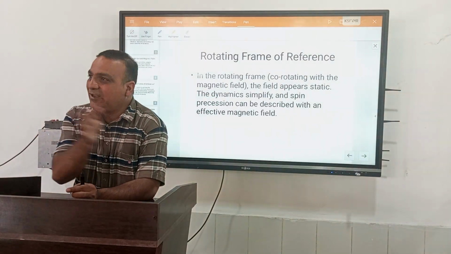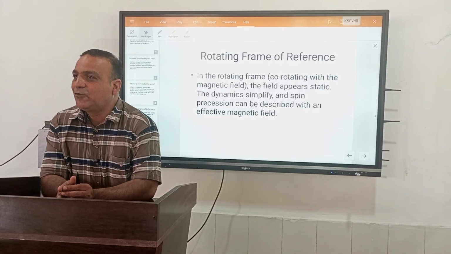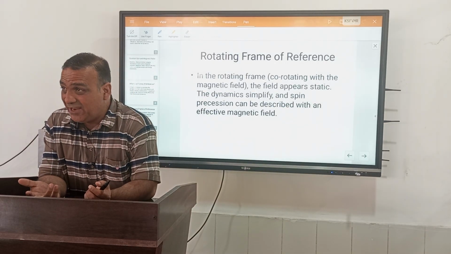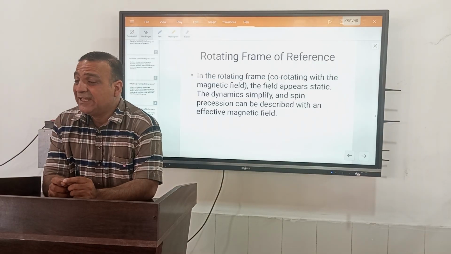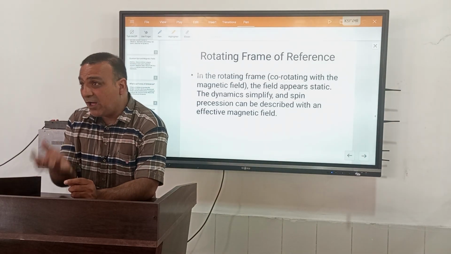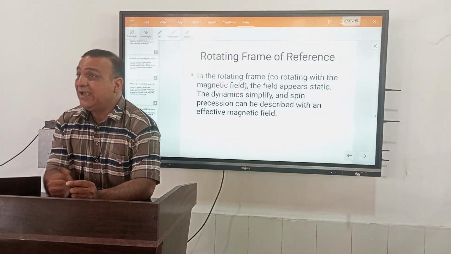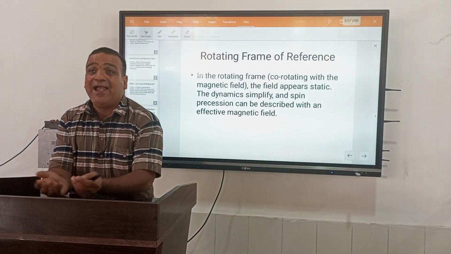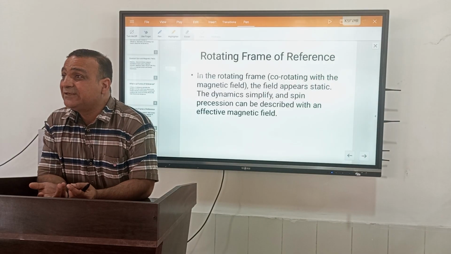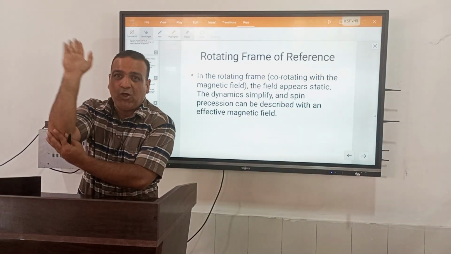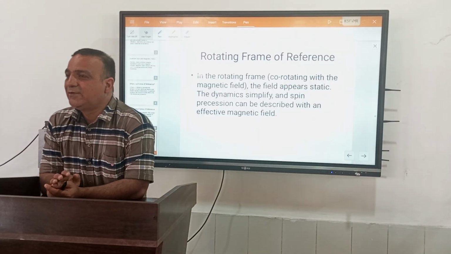Now go back to your laboratory frame of reference, where your frame of reference is not rotating. If it is not rotating, your problem is purely time dependent, and you are applying a magnetic field. The electron has its own magnetic field. The result of these two magnetic fields gives us what? It gives us precession. You remember the precession of angular momentum, right?